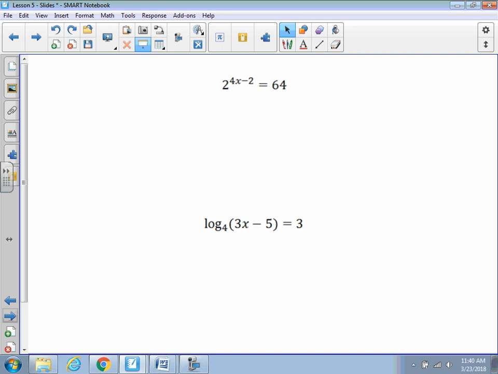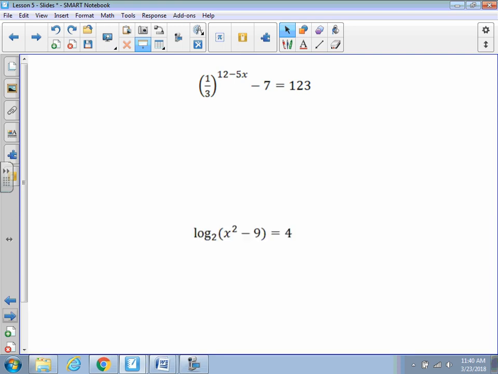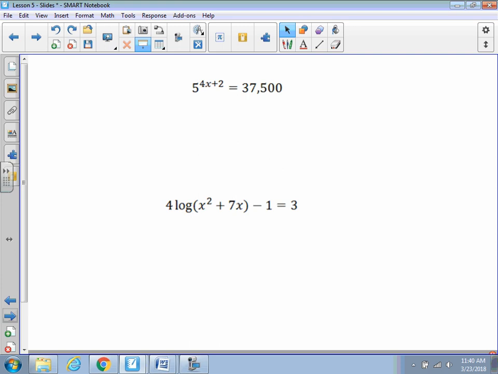Next problem is log base 2 of x squared minus 9 equals 4. And the last two problems, 5 to the 4x plus 2 equals 37,500. And then 4 log of x squared plus 7x minus 1 outside the parentheses equals 3. So do those problems first, and in the second video, I'll have the answers as well as your next part of the assignment.